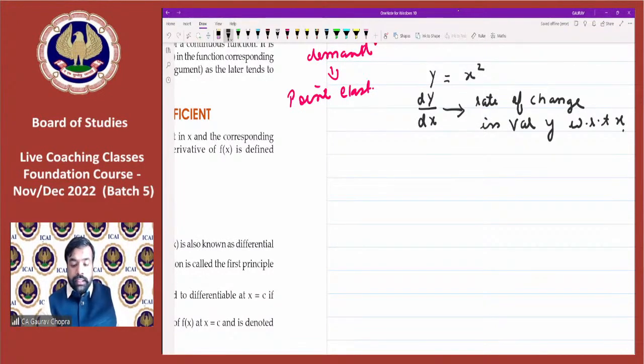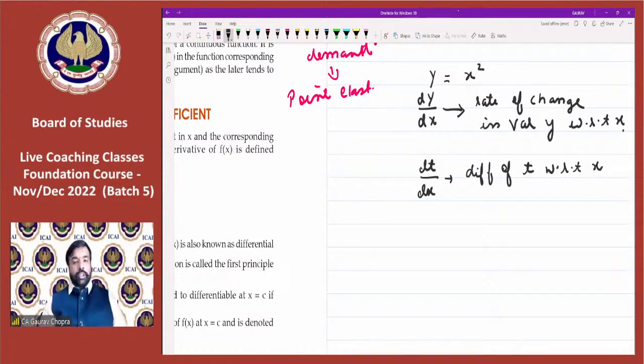If I write dt by dx, it means again rate of change of t, or differentiation of t with respect to x. So whatever value is written in the numerator, we are differentiating that value, and whatever is written in the denominator, we are differentiating with respect to that.